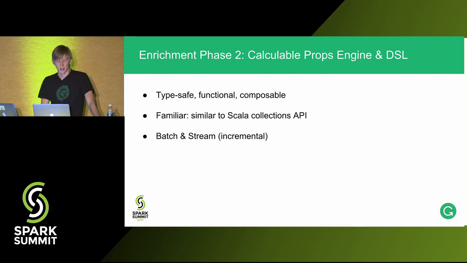It's pretty similar to the Scala Collections API, and it works in batch and stream mode. And for streaming mode, we need it to be incremental, not requiring pulling a lot of data from long-term storage as the new data comes in to enrich events incrementally.